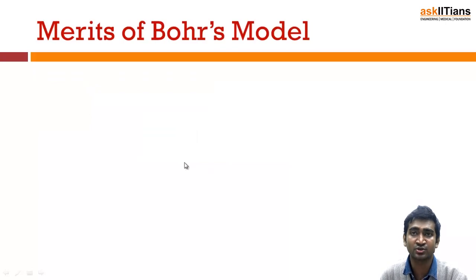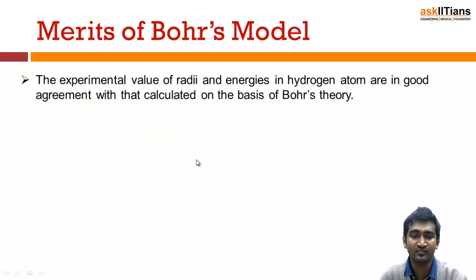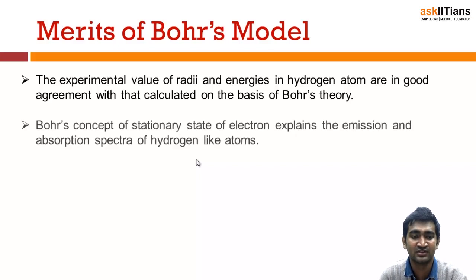Now come to the merits of Bohr's model. First of all, they are all in good agreement with the experiments conducted, okay, the values. Also, Bohr's concept of the stationary state of the electron explains the emission and absorption spectra. This emission and absorption spectra we will understand in detail in the next parts.